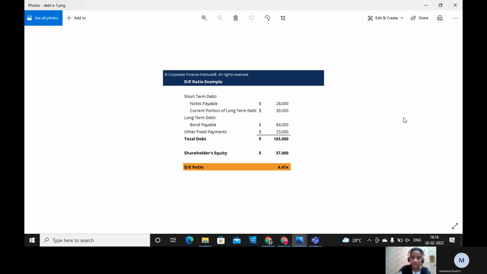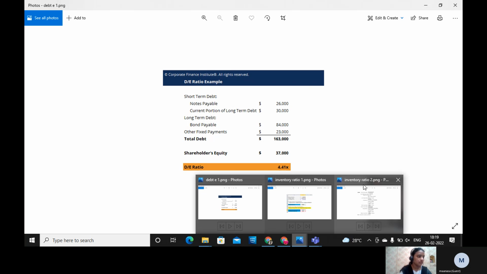In this sum, short-term debt is notes payable of 26,000 and 30,000, which is 56,000, and long-term debts are bonds payable 84,000 and fixed payments 23,000. Altogether, the total debt is 1,63,000 and shareholders' capital or the equity is 37,000 in this sum. So debt equity ratio can be calculated as 1,63,000 by 37,000, which is 4.41.